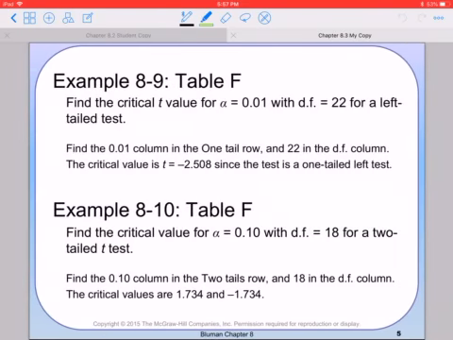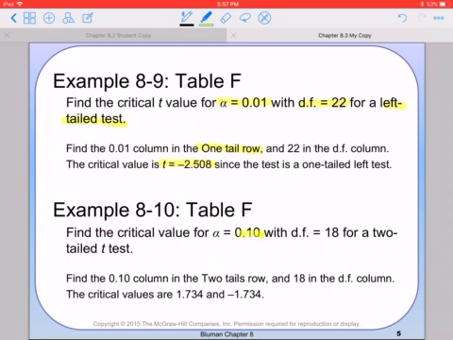Similarly, if you had 0.01, degrees of freedom 22, left tail test, it's going to be one tail again. So you look at the one tail row and then find where they intersect, and we get the t-value. I would suggest that on your t-table you go ahead and verify that you get that t-value.